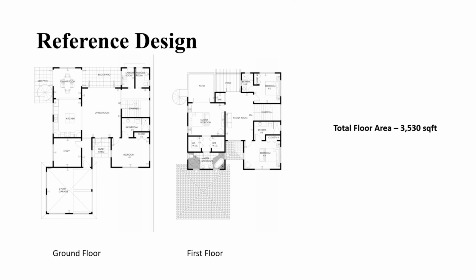So to give you a general idea of this house, it's a 4-bedroom house with a study, dining room, kitchen, living room, and laundry and powder room on the ground floor. And on the first floor we have a bedroom. We have 2 bedrooms and a master bedroom with bathrooms, family room, balconies, garage, and so on.